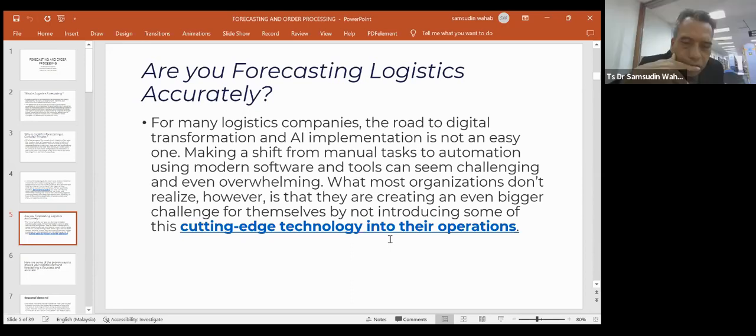Demand exception management. That's another way to make our forecasting accurate. Demand forecasting is needed, especially since trends fluctuate every month. Logistics should be prepared to cater to the expectation and demand.